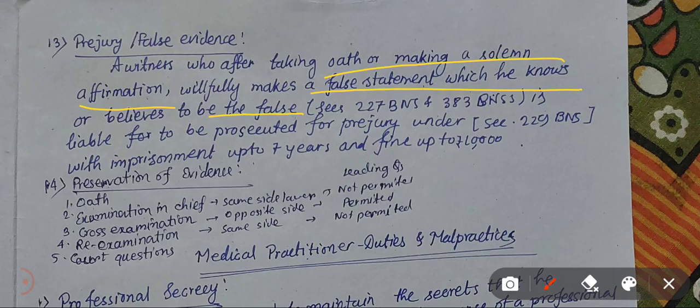Now, preservation of evidence. Here come the preservation procedures. Preservation of evidence can also be referred to as recording of the evidence. The prosecution and the defense are the two parts of this. The lawyers are the prosecution lawyers, the public prosecutor maybe, and the defense lawyers.